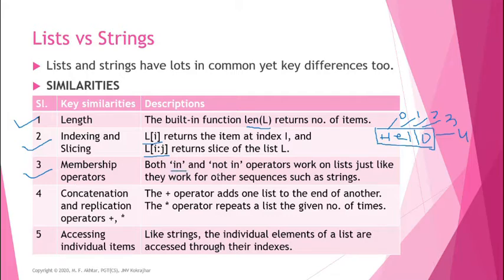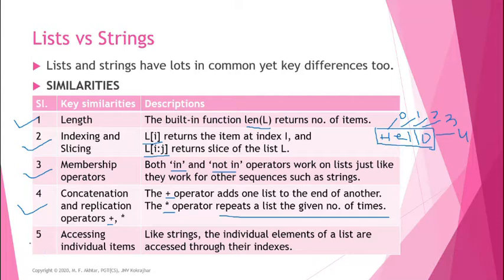Membership operators in and not in work the same as they work for strings. Here concatenation and replication operators: the plus operator is used to join two lists together, and the multiplication operator, that is asterisk, repeats a list the given number of times. We will see the example later.